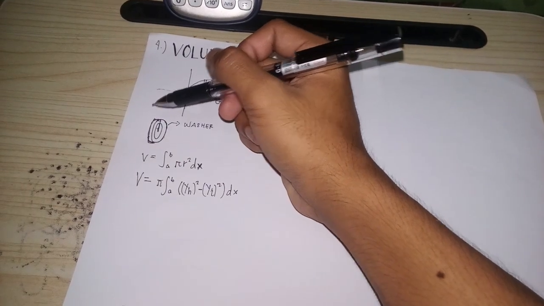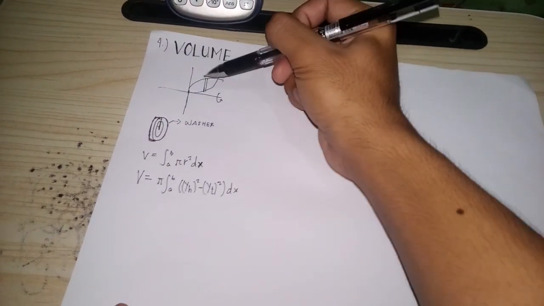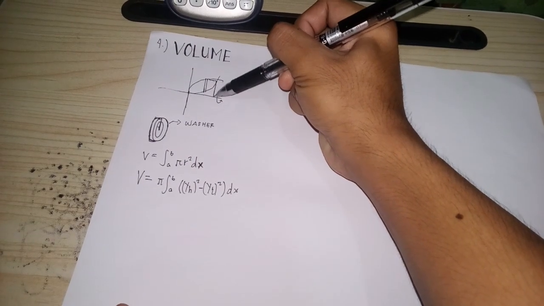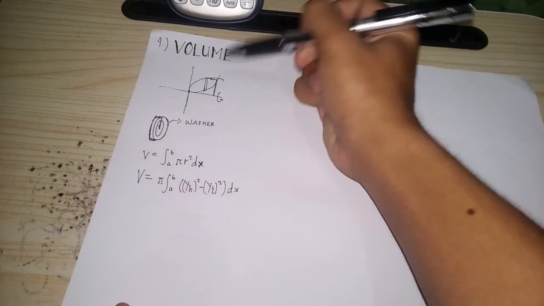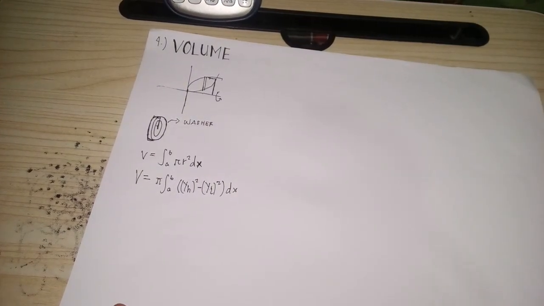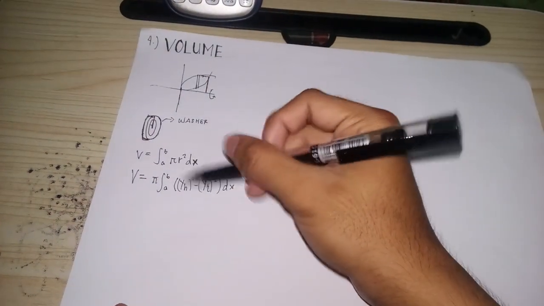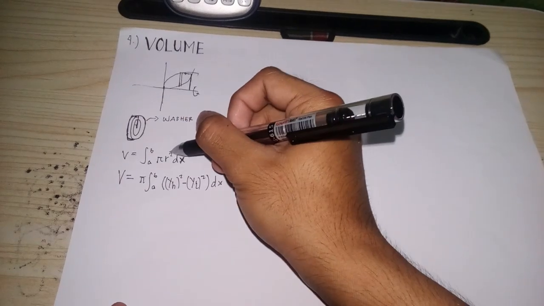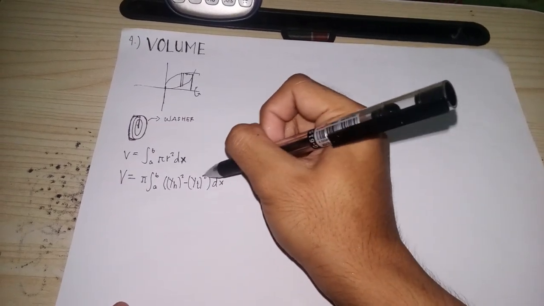That is y high minus y low, which is here. This is our radius, or y high minus y low, right here. Then we just need to substitute that here. So since this is squared, then this will also be squared here.